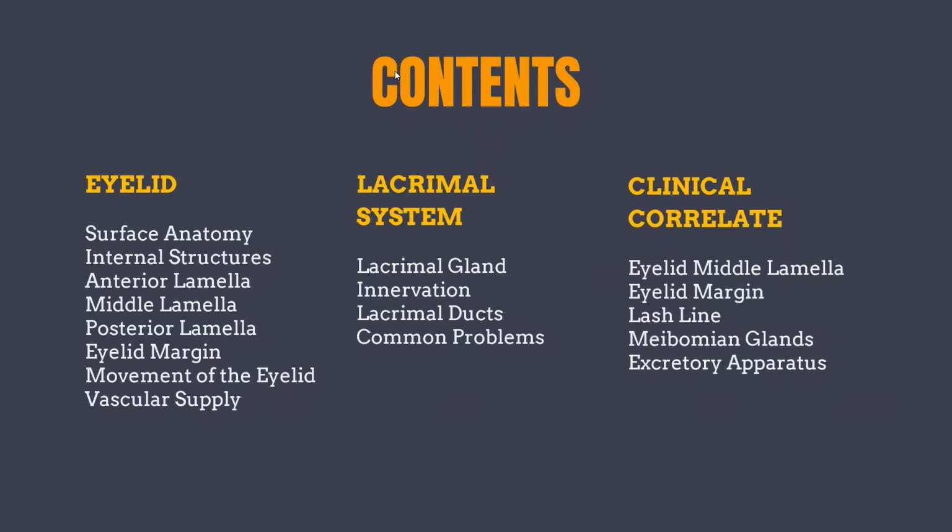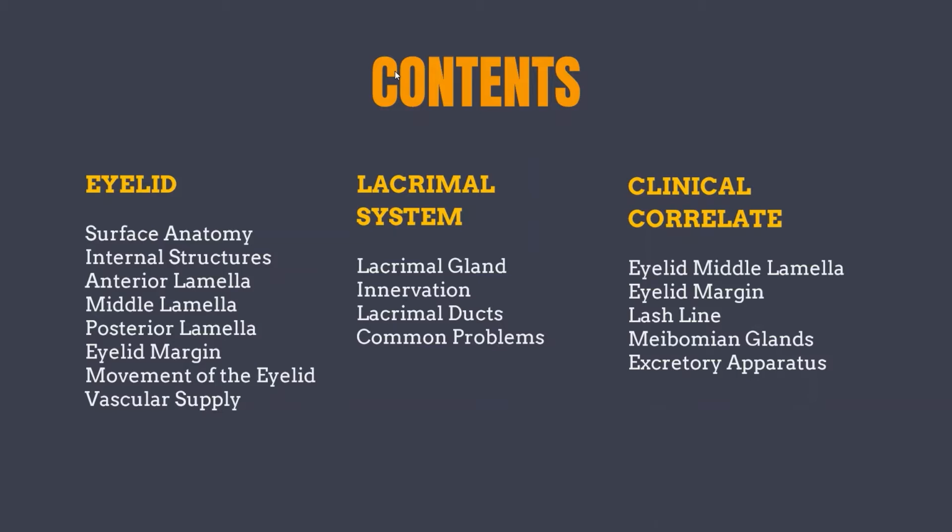The outline for today's topics are the eyelids. We will be talking about its surface anatomy, the internal structures, the anterior, middle, and posterior lamella, the eyelid margin, the movement of the eyelid, and its vascular supply.